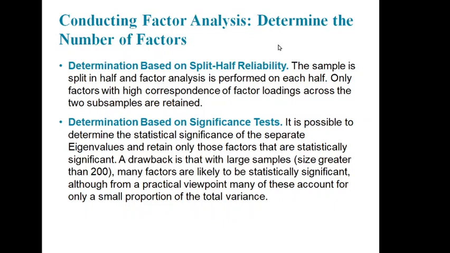It is possible to determine the statistical significance of separate eigenvalues and retain only those factors that are statistically significant. A drawback here is that if you have large samples, many factors are likely to be statistically significant, although from a practical point of view, many of these account for only a small proportion of the total variance.